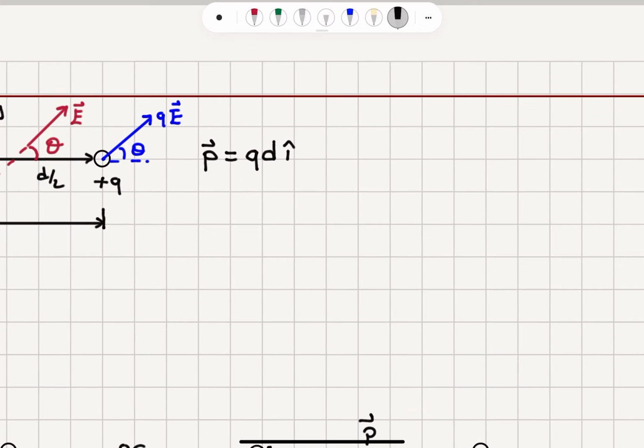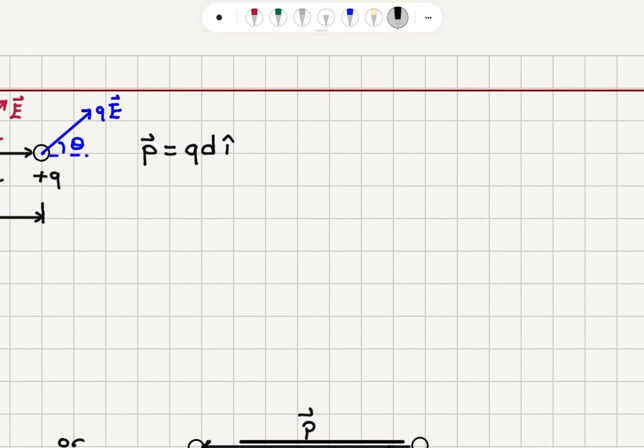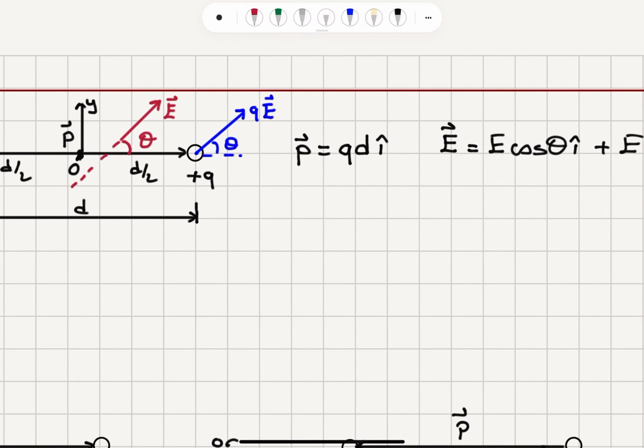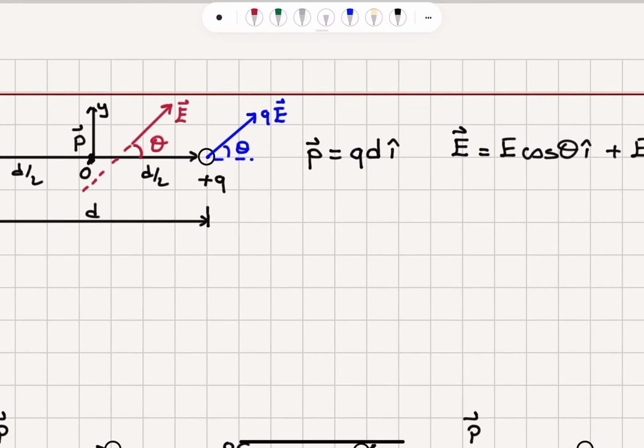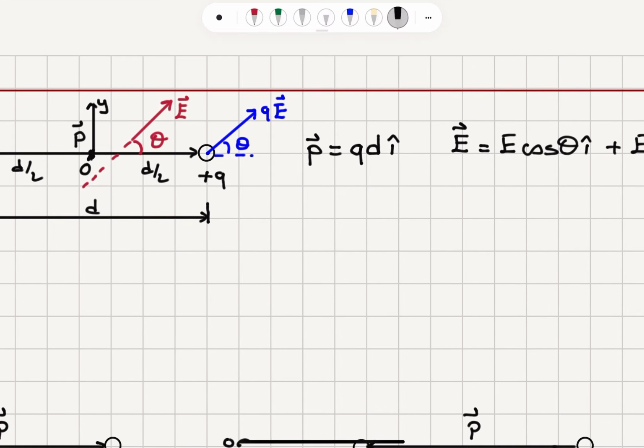The electric field has two components. Electric field is equal to E cosine theta i hat plus E sine theta j hat. So you can see its components here, cosine theta i hat, sine theta j hat. So that means there is going to be a torque due to this electric force around the center point here, the pivot point here.